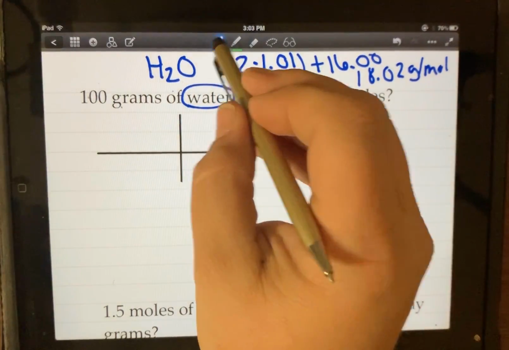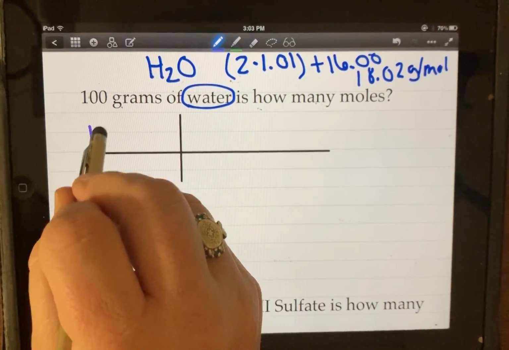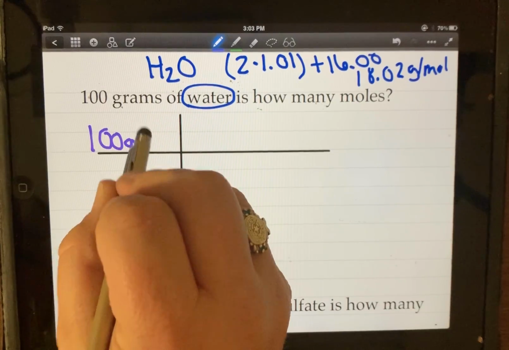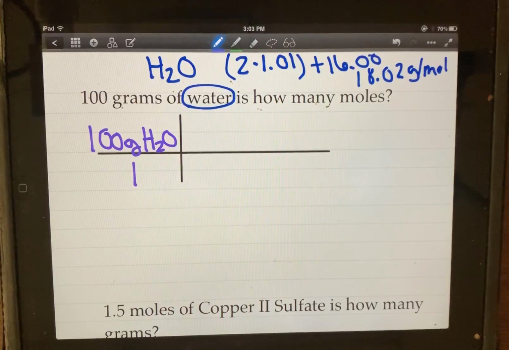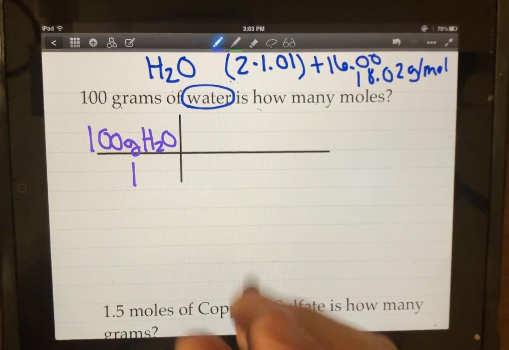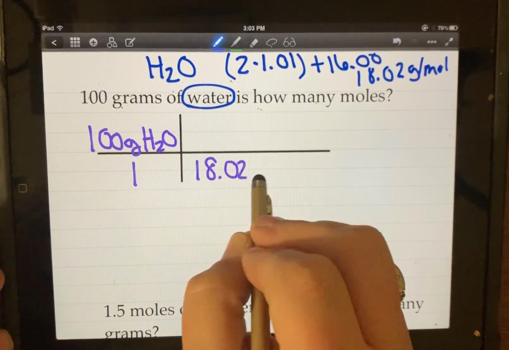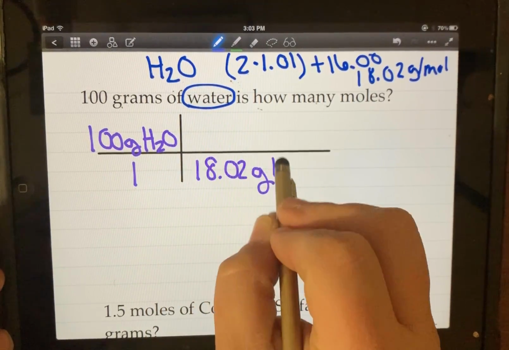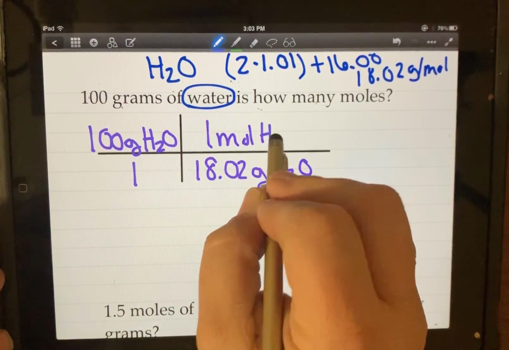So here, let's roll forward with this. Same process as before. I'm going to put the 100 grams H2O in the starting position with a 1 over it. Grams is on top. I'm going to put grams on bottom. So I'm going to put that 18.02 grams on bottom for water and 1 mole of H2O on top.